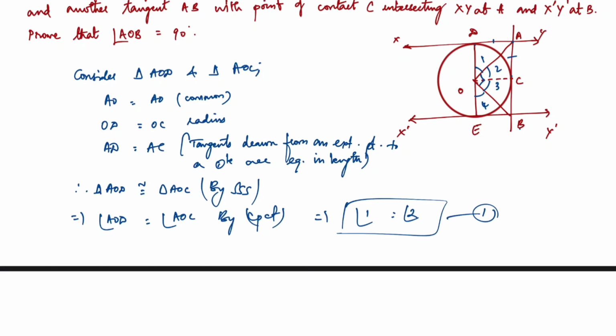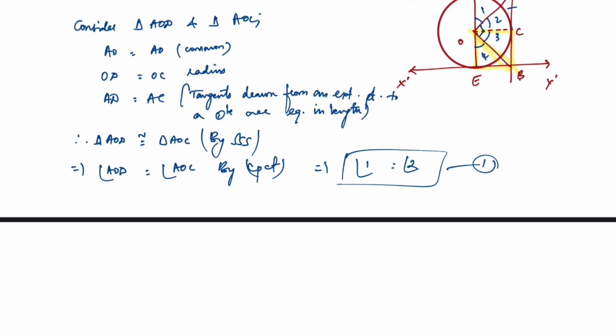Similarly, we can prove that triangle BOC is congruent to triangle BOE. How? Triangle BOC is congruent to triangle BOE by SSS property.